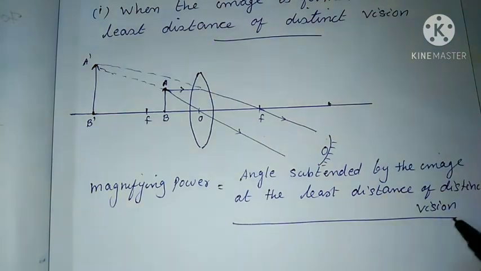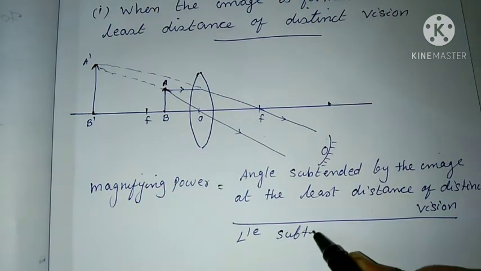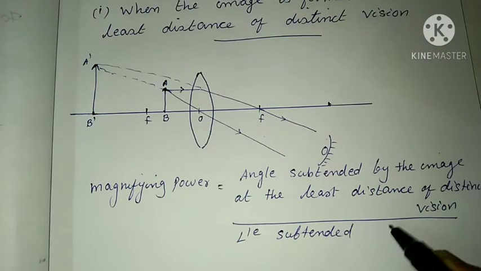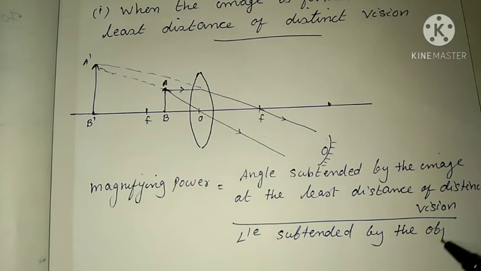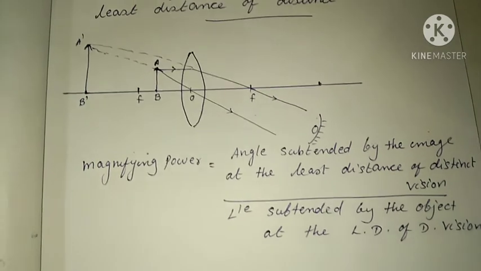Divided by angle subtended by the object at the least distance of distinct vision. So this is the magnifying power. This is the formula to calculate the magnifying power at the least distance of distinct vision. So this is the formula for calculating the magnifying power.